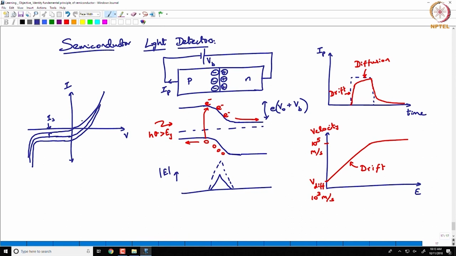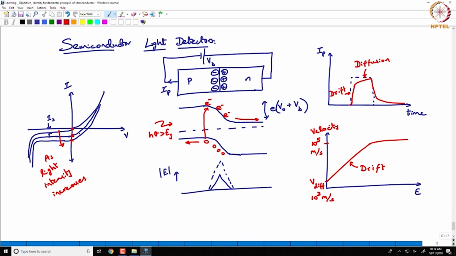So, what we are saying is, as the light intensity increases, initially when there is no light falling on the photodiode, there is no photocurrent, but as you increase this light intensity, the corresponding current increases.